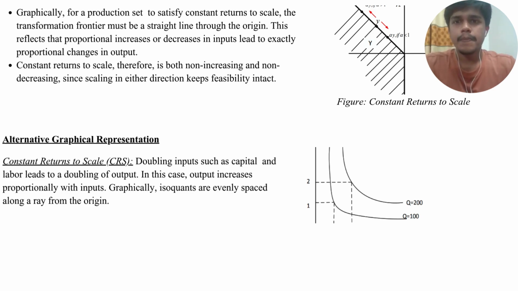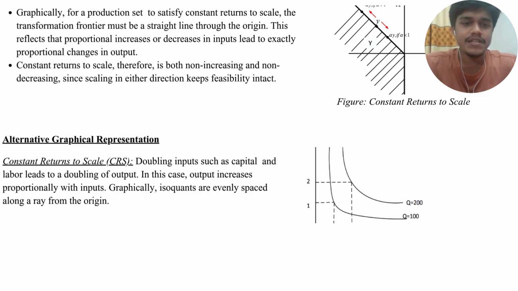After that, I have an alternative graphical illustration of constant returns to scale. If I double inputs such as capital and labor, it leads to doubling of outputs.